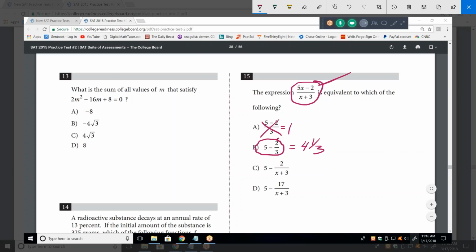And they do not. The way they came up with that is for the people that would cross that x out with that x. And you definitely cannot do that. Because this one has a 3 being added to it. This one is multiplied by a 5 and then subtracting a 2. So there's no way the x's are disappearing. Which means this can't be right. In other words, it can't come down to a number. So we're left with either that or that.